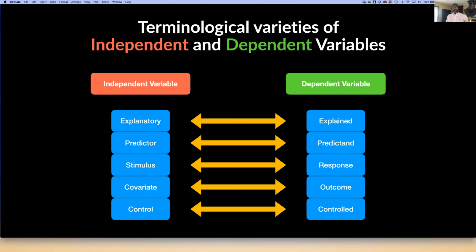Those are all synonyms for independent variable. Your dependent variable is referred to as the explained, the predicand, response, outcome, and the controlled. Okay, so those are all variants of each of these main terms.